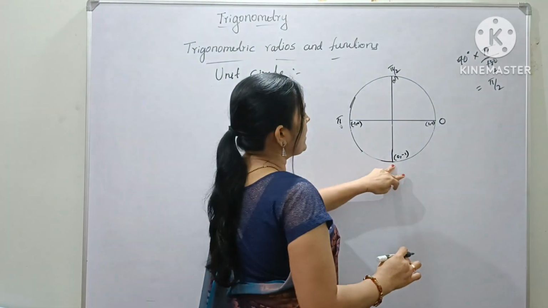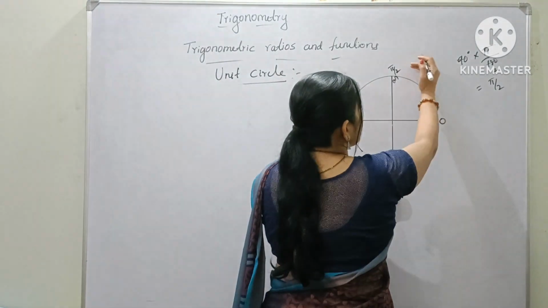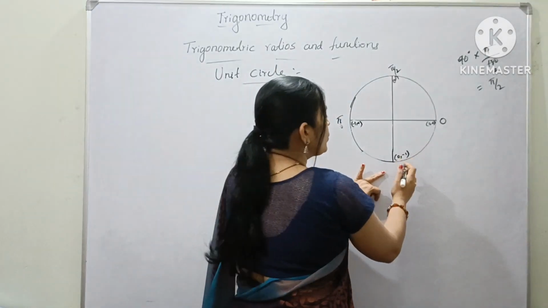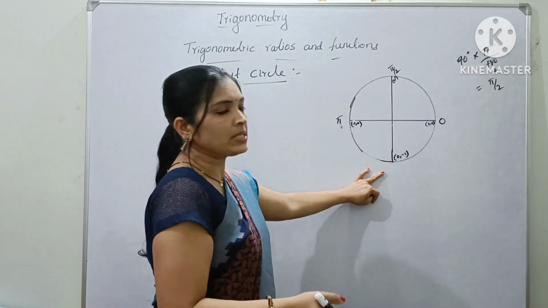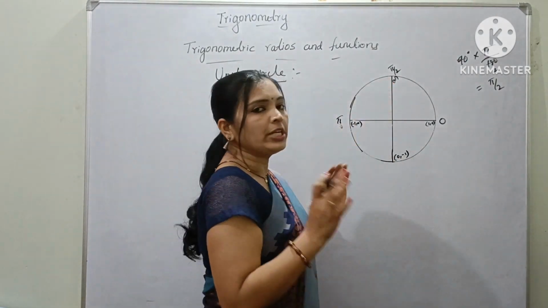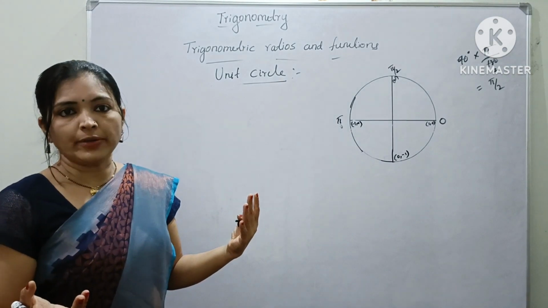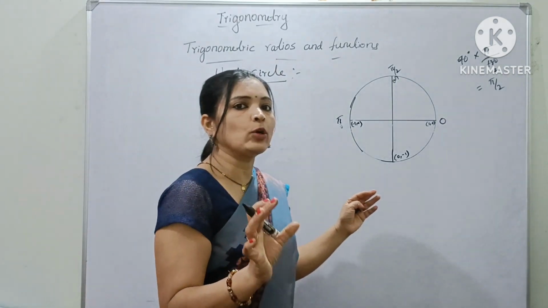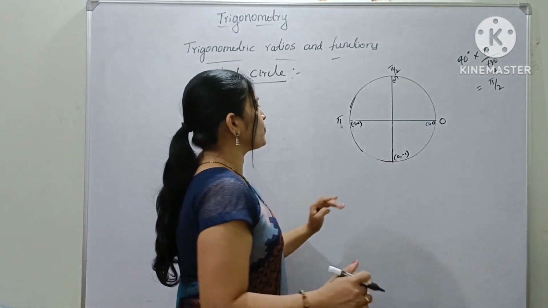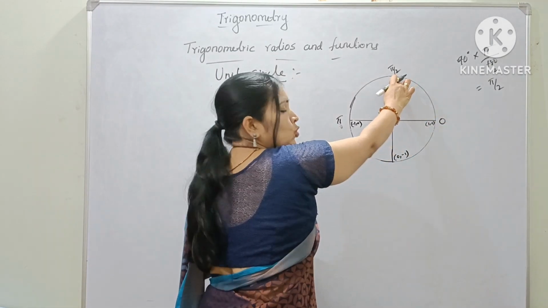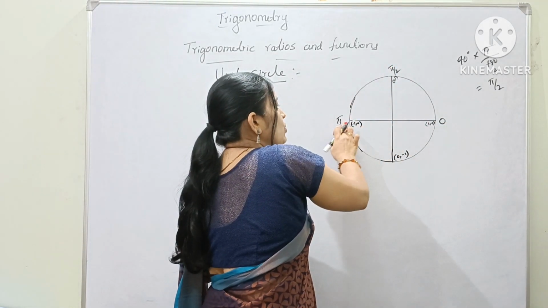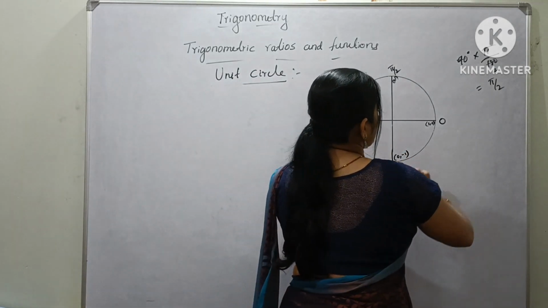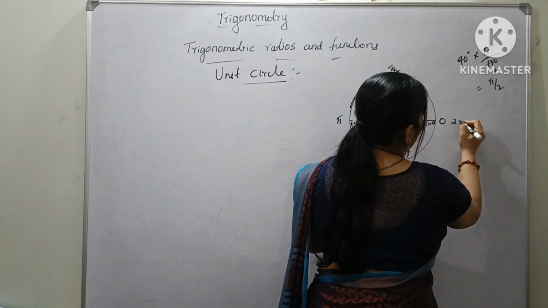Next here it is 270 degree: 90 plus 90 is 180, 180 plus 90 is 270 degree. 90 degree is equal to pi by 2 radian, so we add pi by 2. 0 plus pi by 2 is pi by 2, pi by 2 plus pi by 2 is pi, pi plus pi by 2 is 3 pi by 2, 3 pi by 2 plus pi by 2, again here, 2 pi.